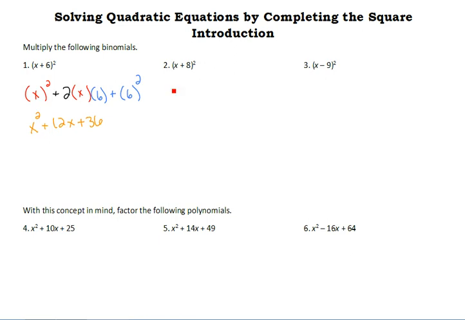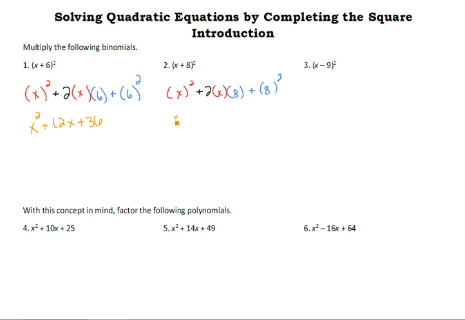Again, setting up the formula correctly. And remember that that middle term is always twice the two terms together because we are adding two of the exact same terms together, which really means we are multiplying by 2. So first term is x, second term is 8.